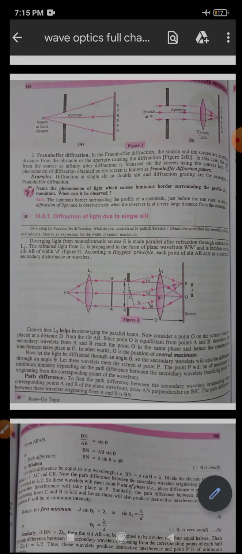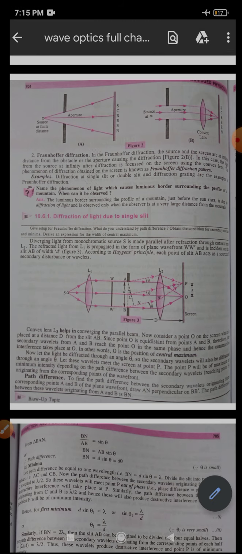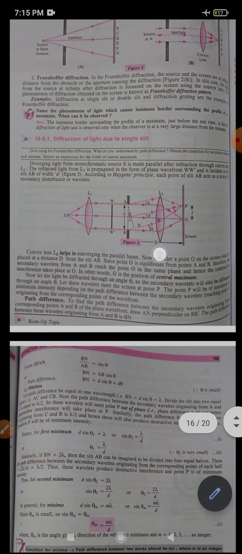To get that diffraction pattern, we use a convex lens here to make the rays converge at a certain distance. So we have used a convex lens in the case of Fraunhofer diffraction, and this figure B is for Fraunhofer diffraction.